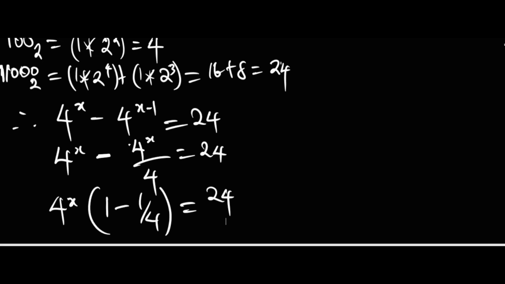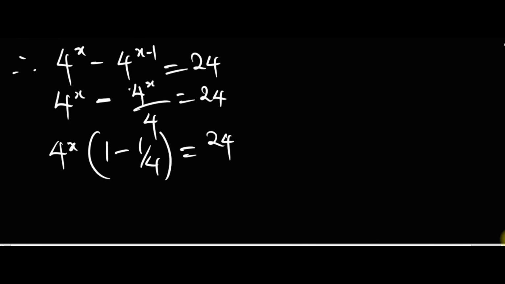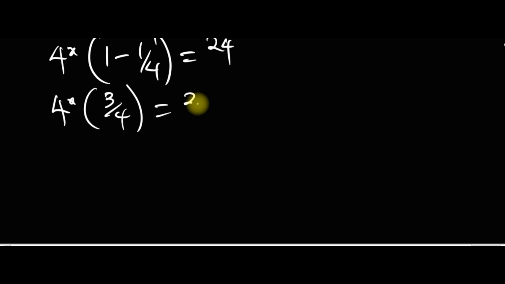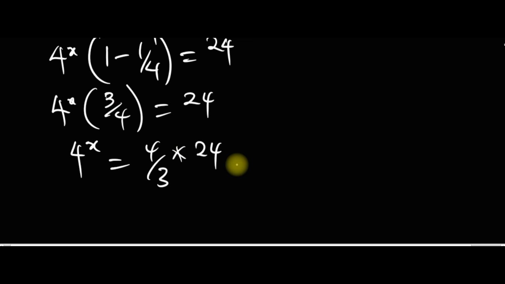And 1 minus 1 over 4 is 3 over 4. We move this to the right hand side, so 4 raised to power x is 4 over 3 times 24, which is 32.